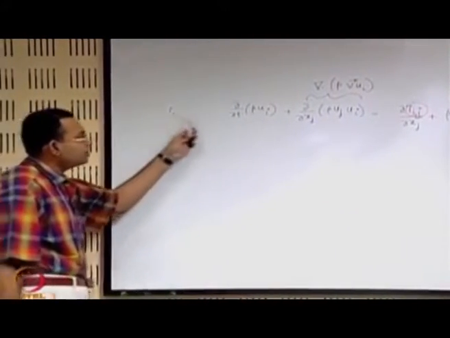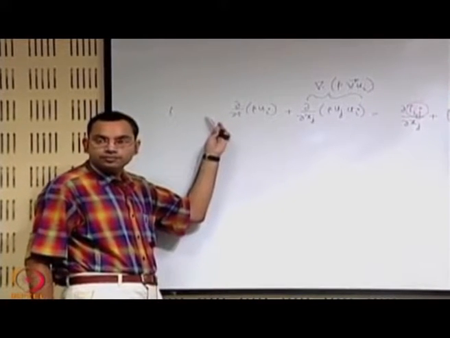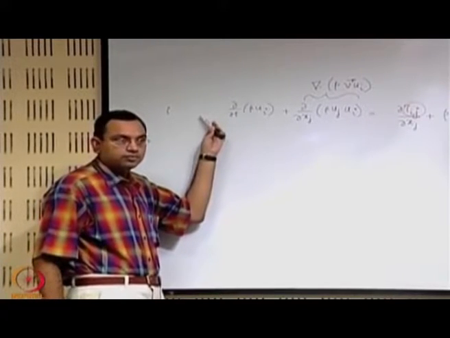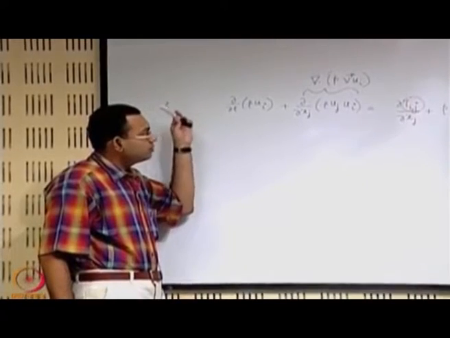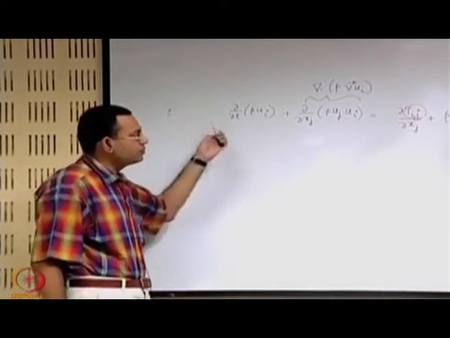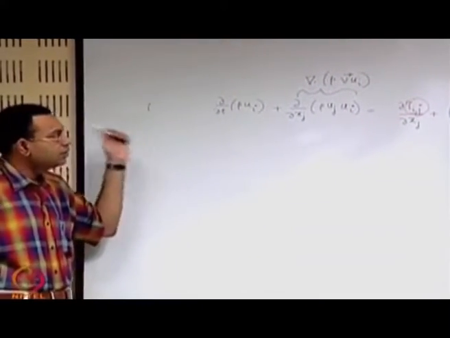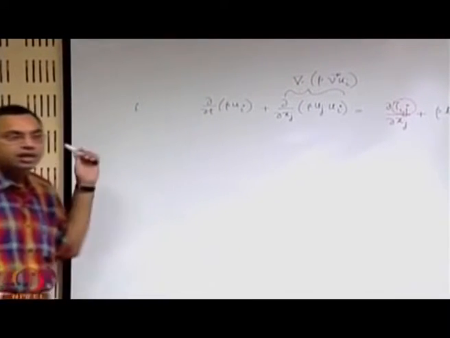So the first important thing is: what are the assumptions under which this equation is valid? Well, the continuum hypothesis is valid, of course, otherwise you cannot write continuum conservation equations. But most important is that you have a stationary reference frame with respect to which you are writing the equations.